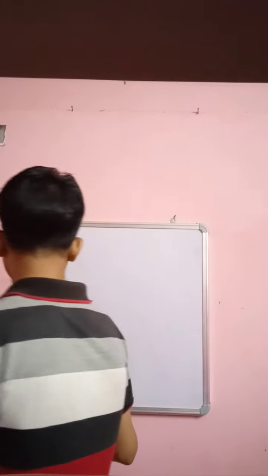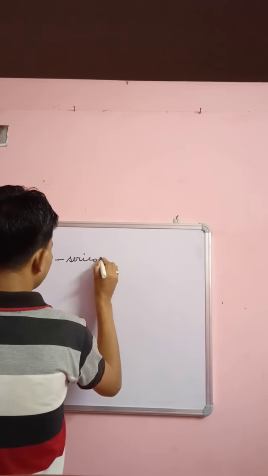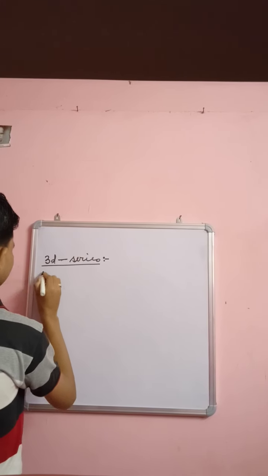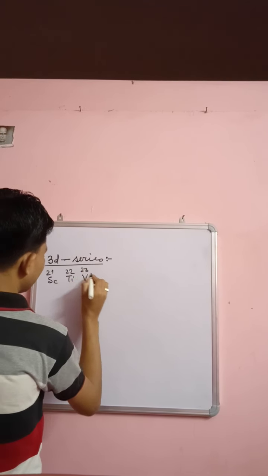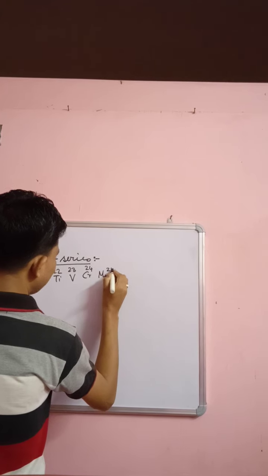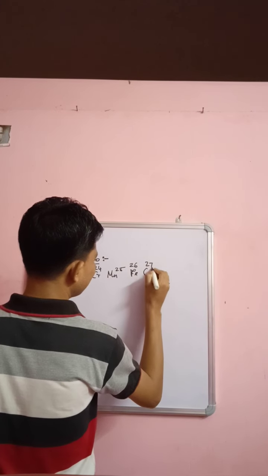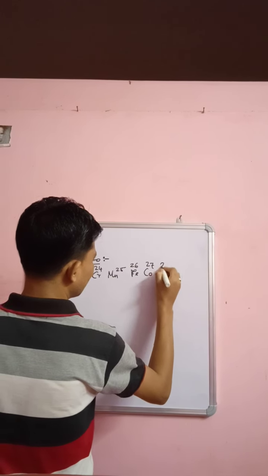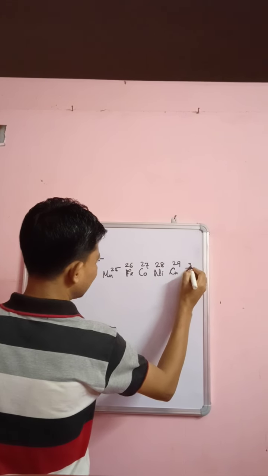So the 3D series starts with scandium 21, titanium 22, vanadium 23, chromium 24, manganese 25, iron 26, cobalt 27, nickel 28, copper 29 and zinc 30.